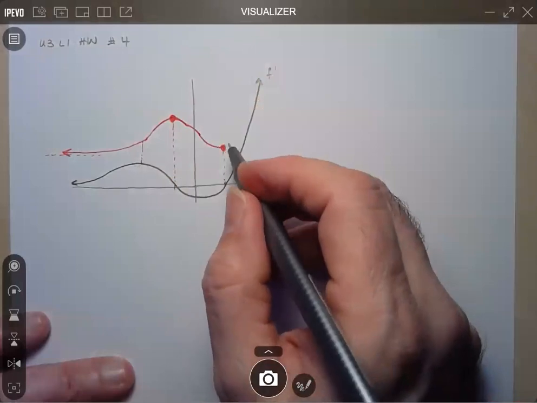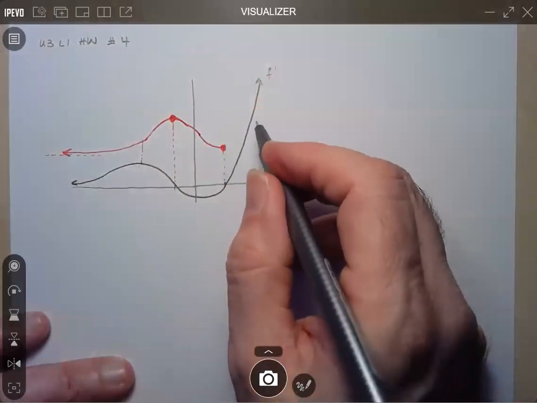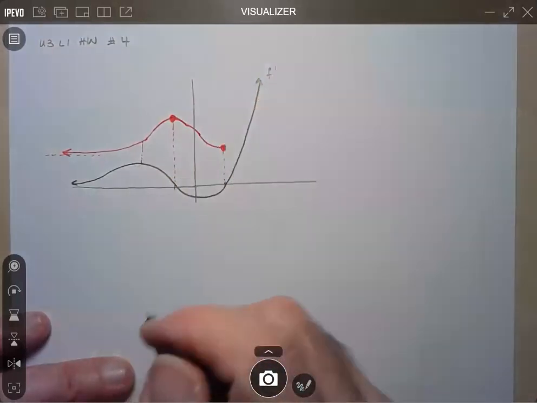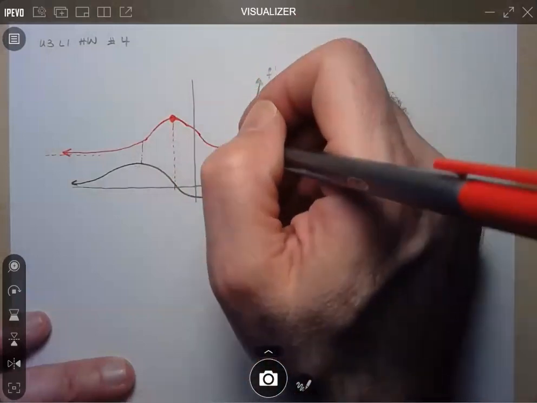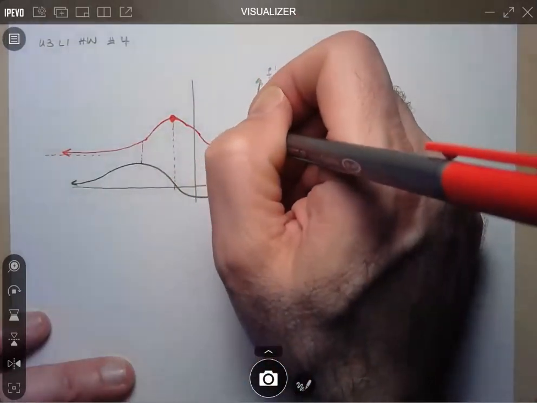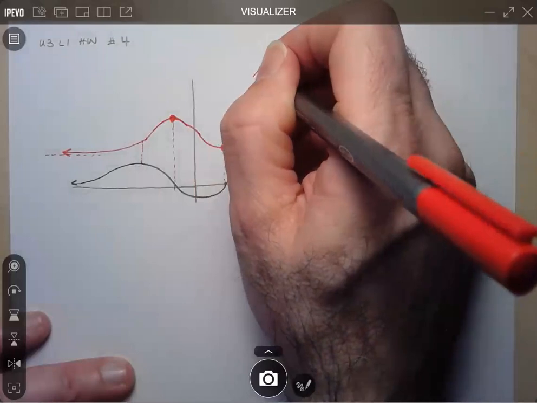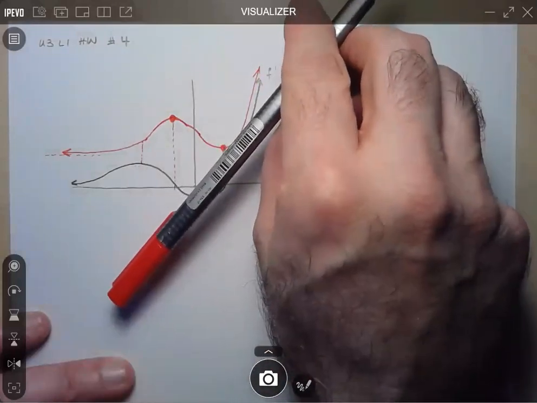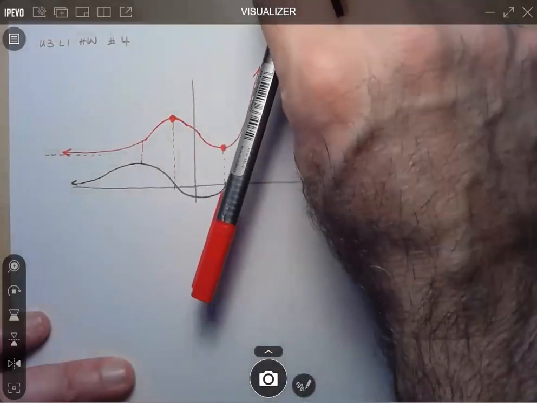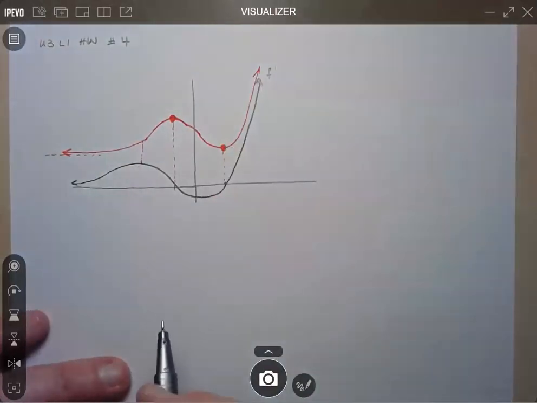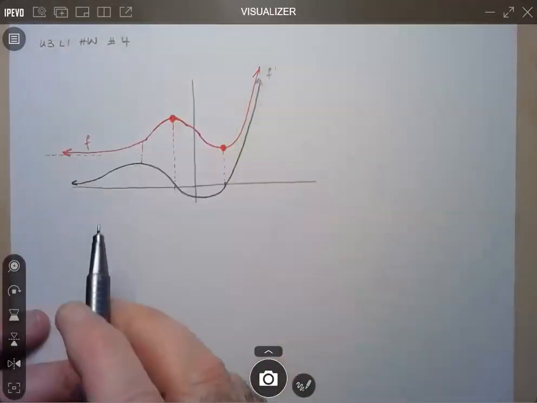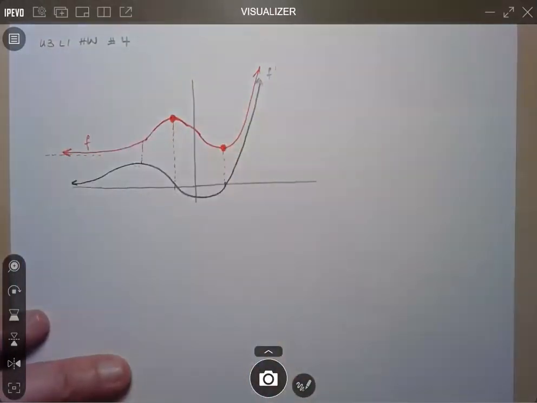And then to the right, it's going to be increasing because the derivative is positive, but the derivative is also getting bigger and bigger and bigger. So the slopes of the tangents must be getting steeper and steeper and steeper. So my function looks something in the neighborhood of this here.